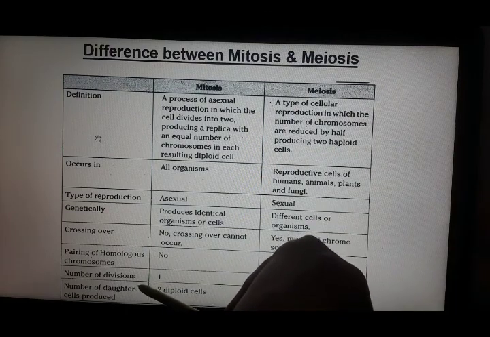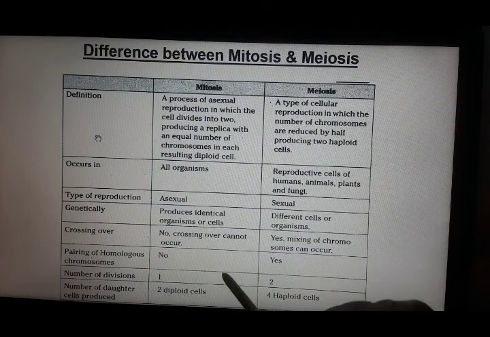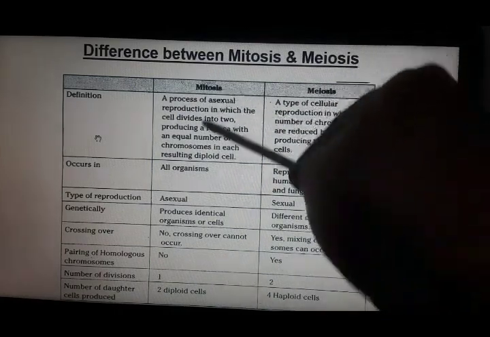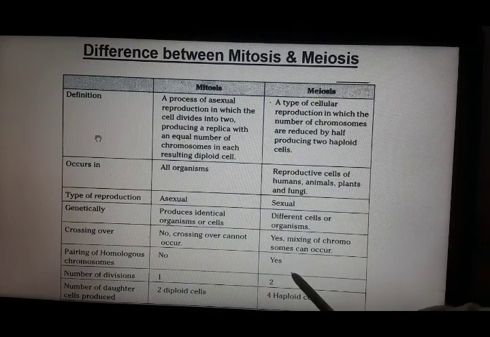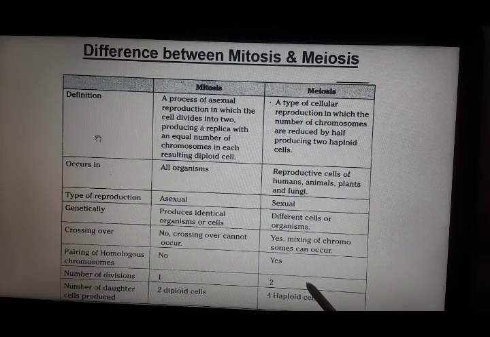Then you have the number of divisions. This is again an important point because in mitosis only one cell cycle is there. That means you include prophase, metaphase, anaphase and telophase. But meiosis is completed in 2 sub-cycles, that is meiosis 1 and meiosis 2.